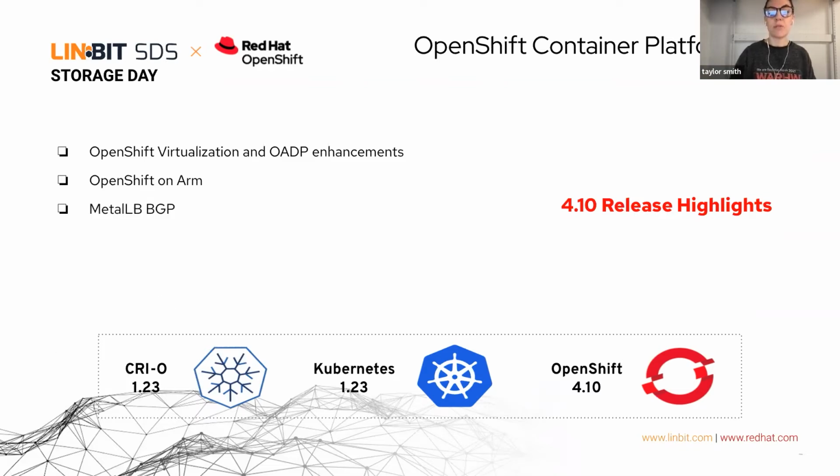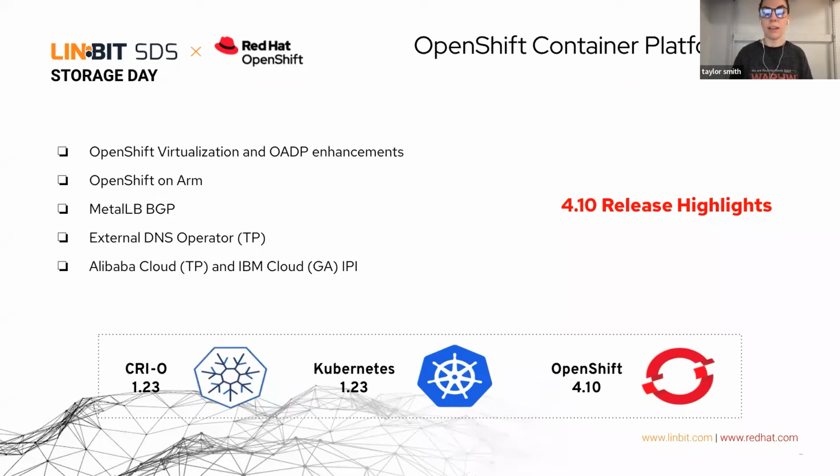MetalLB BGP is now fully supported. The external DNS operator is in tech preview. Installer support for Alibaba Cloud is now in tech preview as well, and IBM Cloud Installer Provision Infrastructure is GA. And then finally, we continue to make enhancements for telco 5G and edge use cases, as that initiative, as I mentioned, has been expanding quite rapidly.